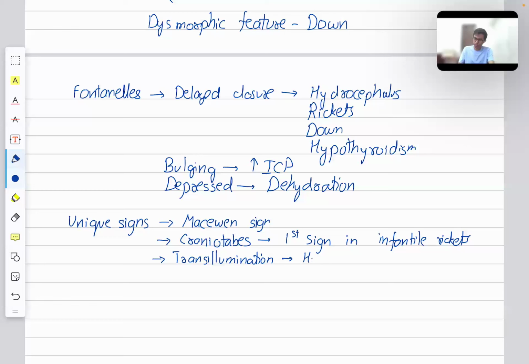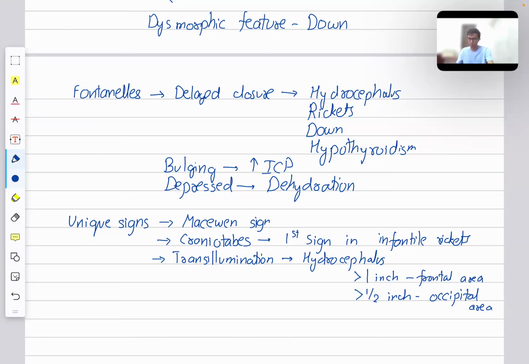So it is positive in hydrocephalus. And I think the question was when is it significant? So if it is greater than 1 inch in the frontal area or greater than half inch in the occipital area, then the transillumination is considered as significant.